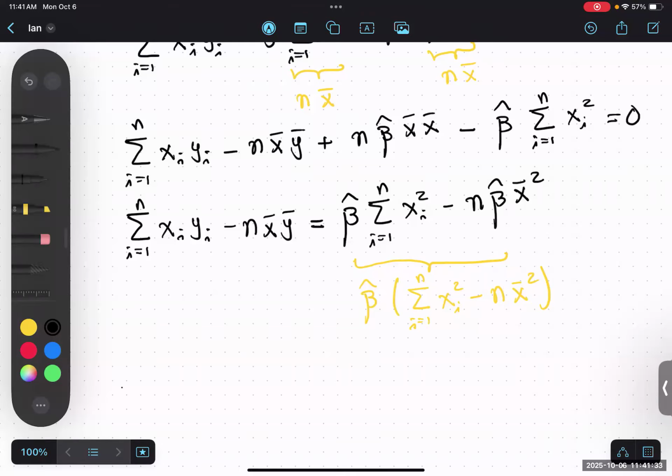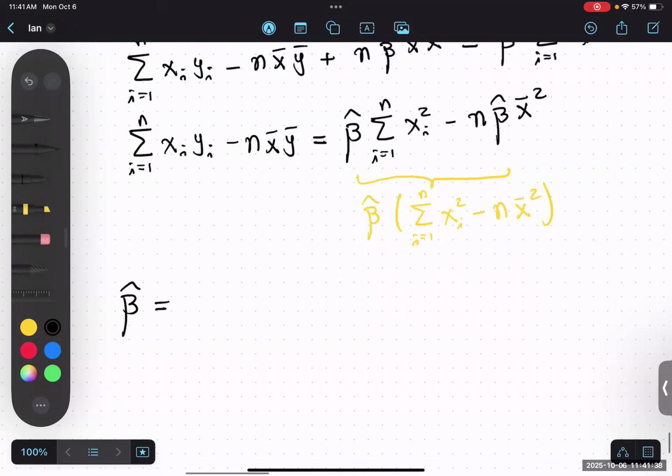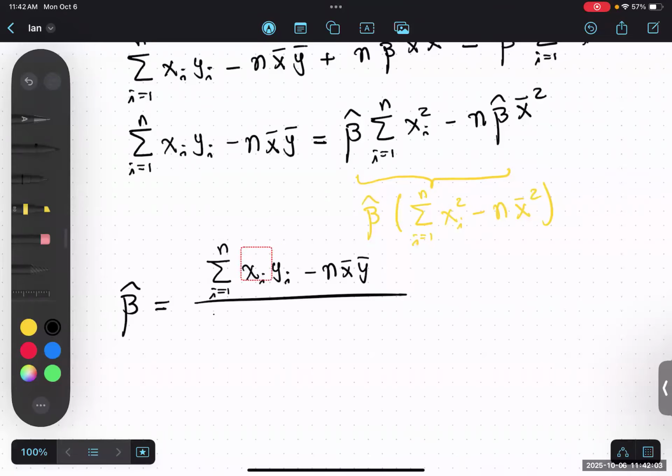And with that, what we will have is that beta hat is what we have in the numerator, exactly the left-hand side of the equation, of course. So it will be just the sum from 1 to n of the xi yi minus n x bar y bar. And what we have in the denominator is the expression in parentheses in the yellow expression, right? So in this case, it is the sum from 1 to n of all the xi squares minus n x bar squared.